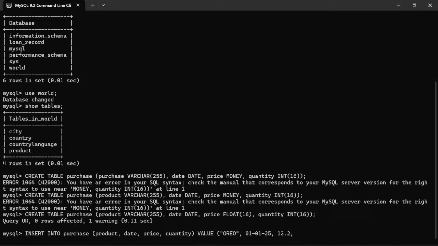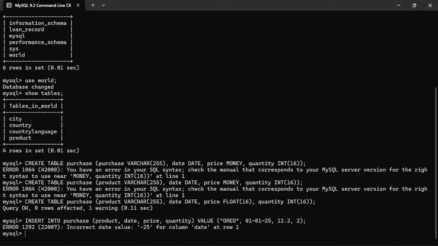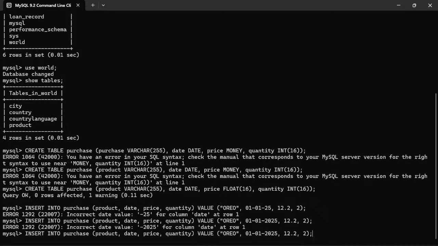And quantity, maybe I should write 2. Yeah, and okay, incorrect value for 25, so it means it should be 2025.